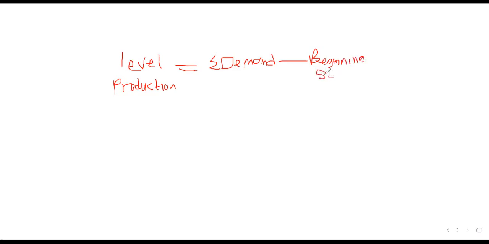Then you divide this one by the number of periods. So this is what goes on. So our summation of demand, we can sum up the demand units.